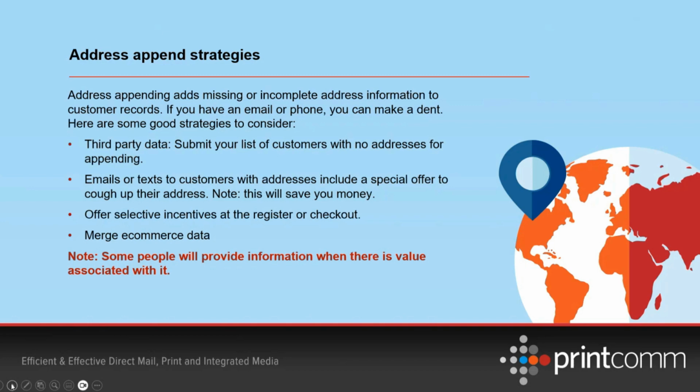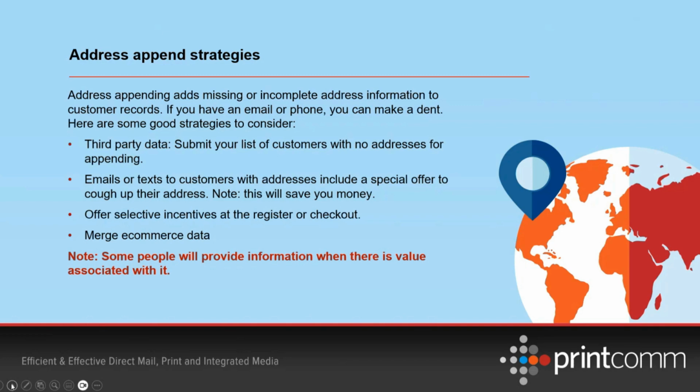Another one: a lot of retailers get email addresses or phone numbers so they can send emails or texts to customers. So you're sending offers to them via email, via text. What if you gave them a spiff, maybe $5 off next time they come in? I'm making that up, it would vary based on retailer.